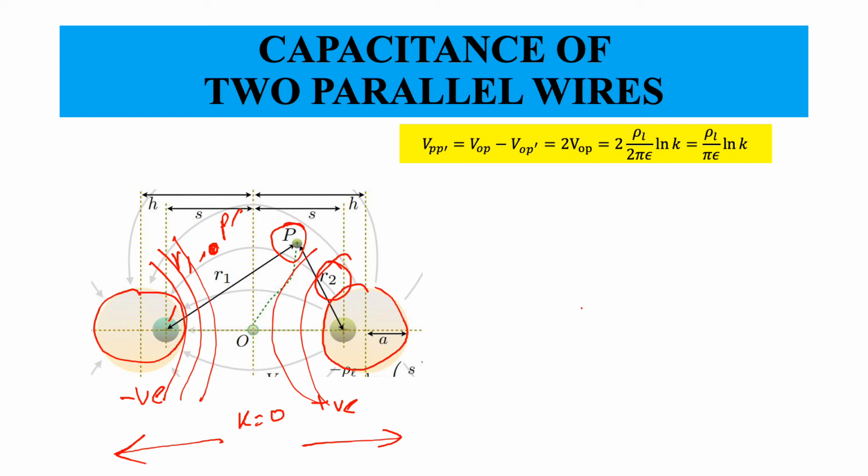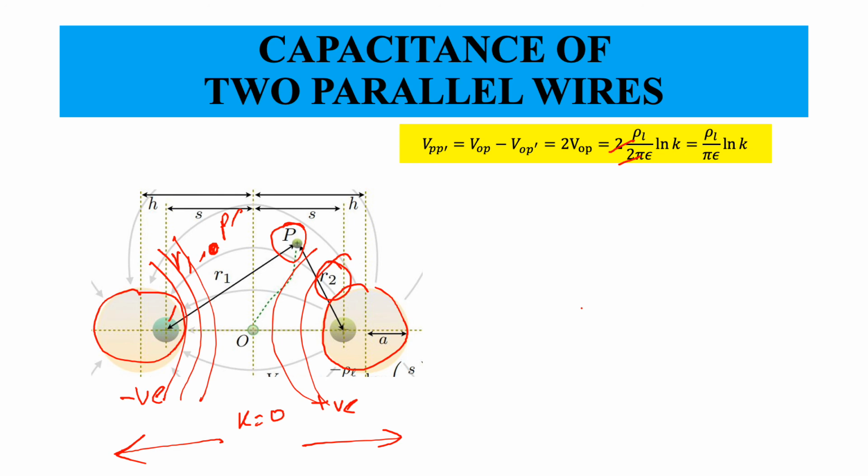Since these two points are symmetric but of opposite potential, the total must be 2 times the potential at P. But what is VOP? We have already seen that it equals rho L by 2 pi epsilon log K. The 2 in the numerator cancels out and you are left with rho L by pi epsilon log K.